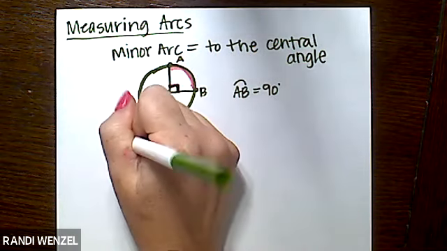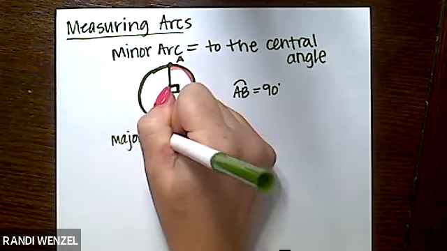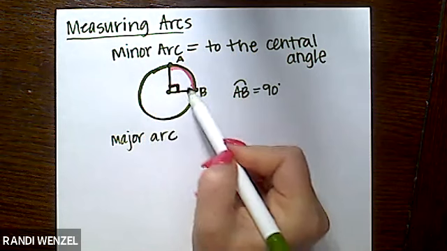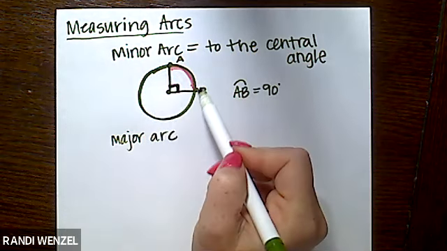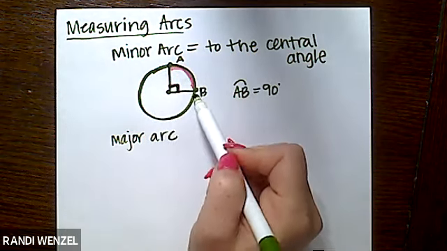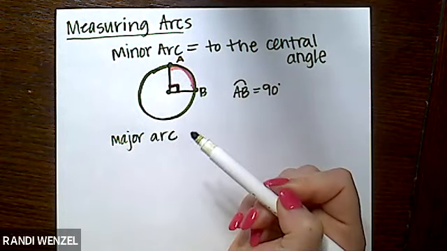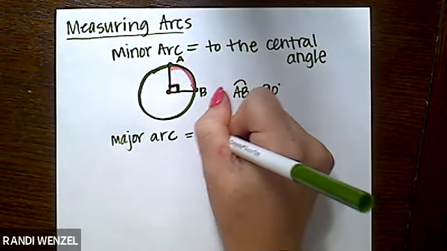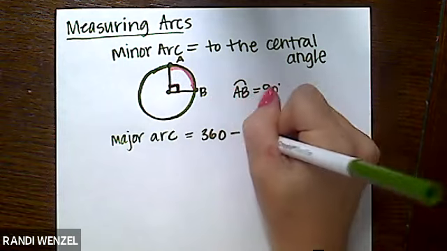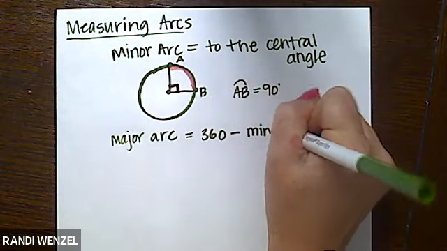Now to do the major arc, the major arc is kind of like what's left over. So if this part's 90, this is the rest of the circle. So the major arc is equal to 360 minus the measure of the minor arc.